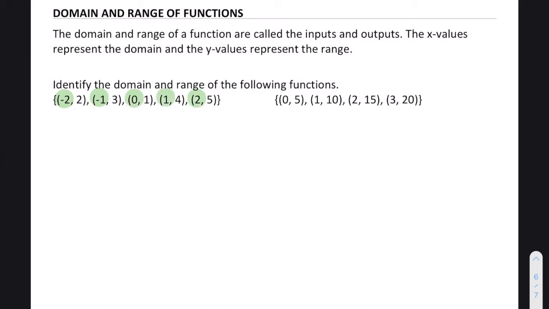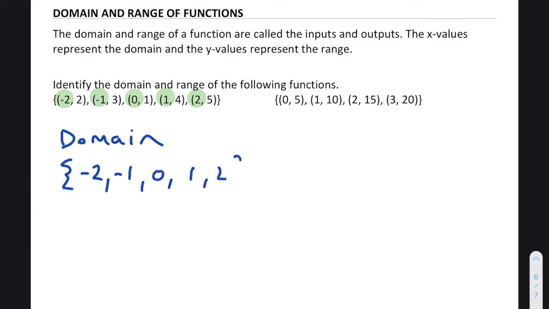And I can say, all right, the domain is the set. So we're going to write it in set notation. So we're going to have a set of numbers. We're going to say negative 2, comma negative 1, 0, 1, and 2. And we use those curly brackets on the outside to represent a set. So here's the domain. It's negative 2, negative 1, 0, 1, and 2. So those are the x values.